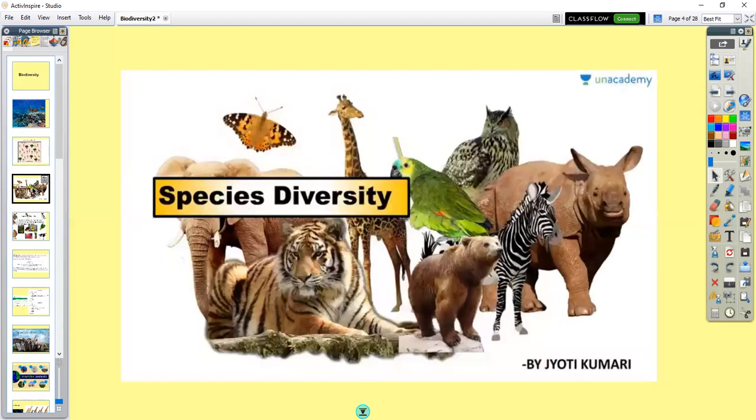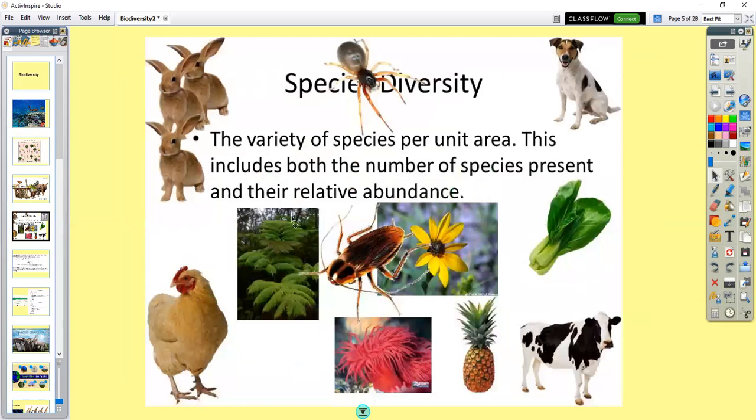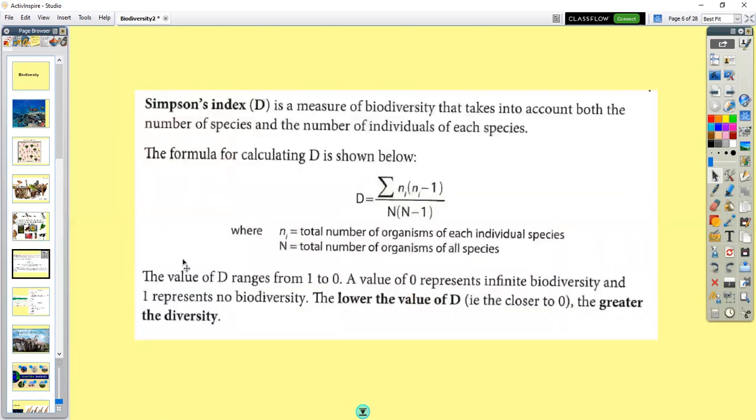We talk about species diversity in terms of the number of different species within a habitat, the variety of species in a particular habitat, and their relative abundance in that habitat as well. It's measured using something called Simpson's index.